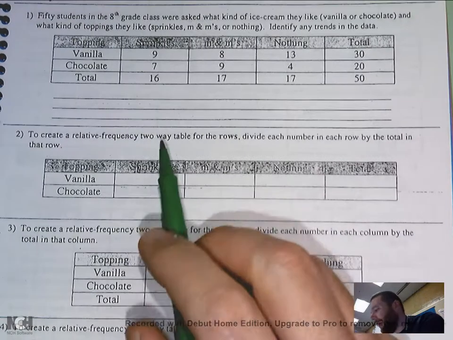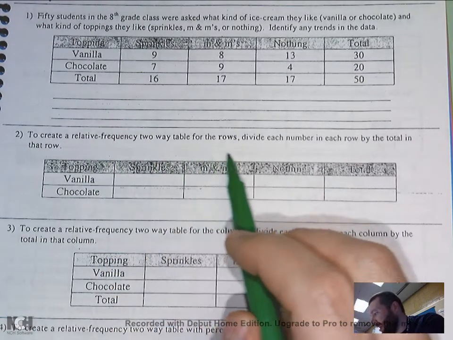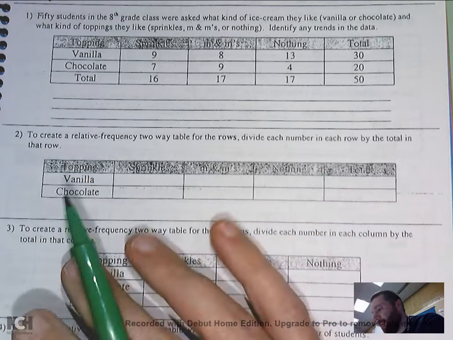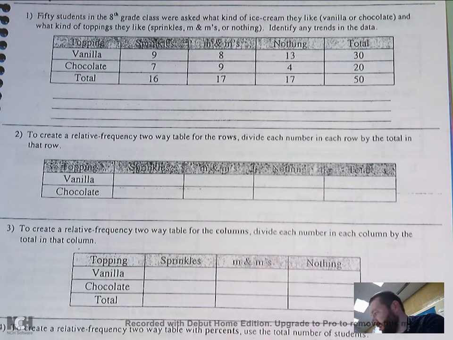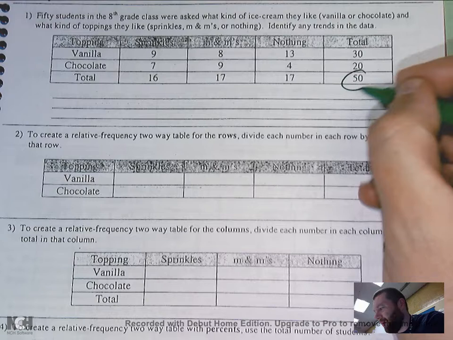So to make it a relative frequency table, you divide each number by the total number, basically, okay? By the total in that row, that's not right. So you would divide it by the total number of participants.